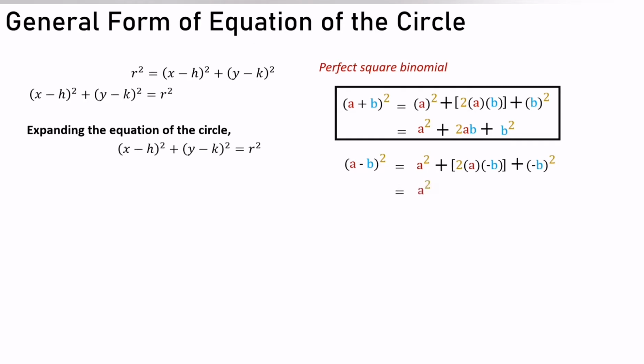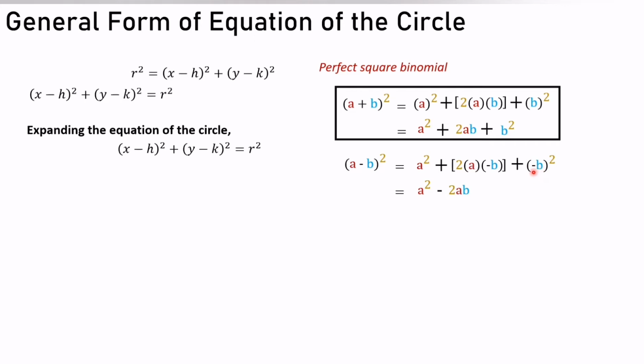You get a squared minus 2ab, because 2 times a times negative b is negative 2ab.